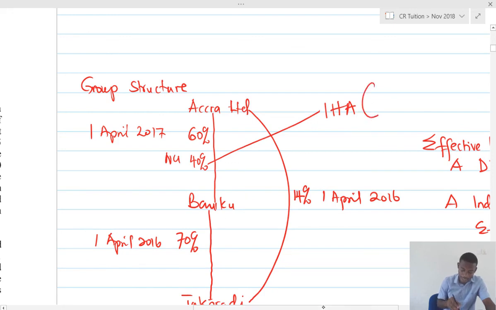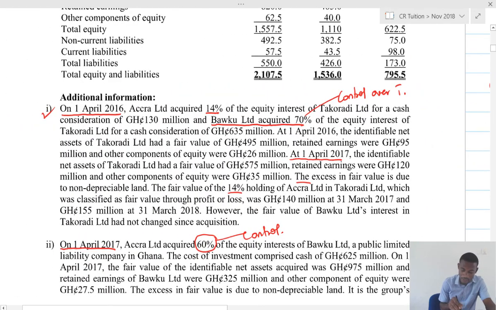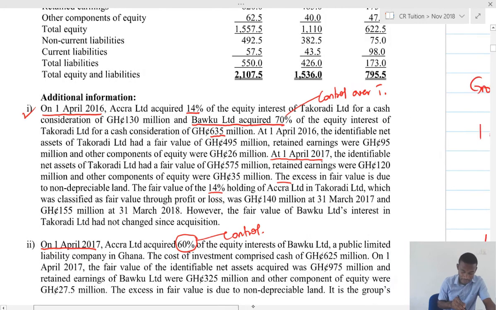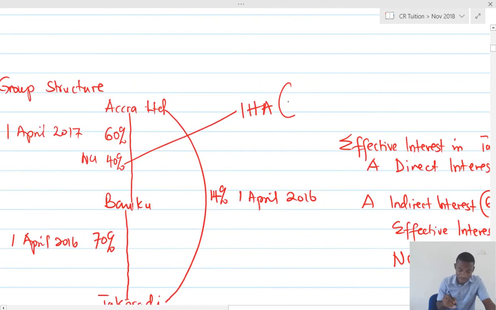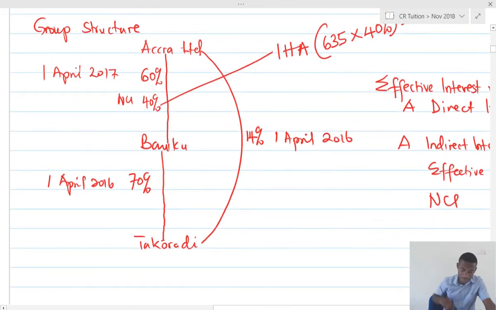So ahead of time, let me just show you that from the question. B acquired 70% for 635, and 635 is the amount times the 40% interest that the NCI had in Boko.